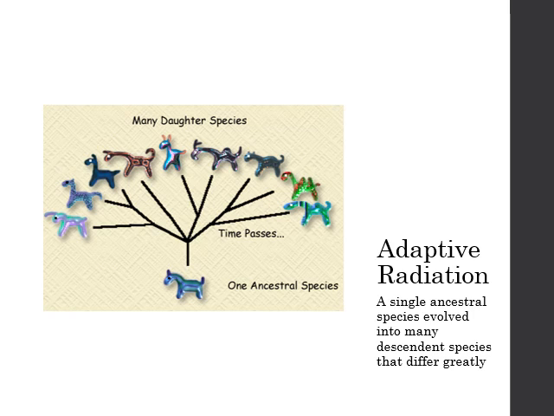This might occur due to what's known as adaptive radiation. Adaptive radiation happens where a single ancestral species evolves into many, many descendants that differ a lot. We had one ancestral species, and that ancestral species branched.